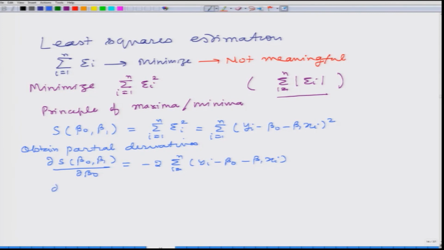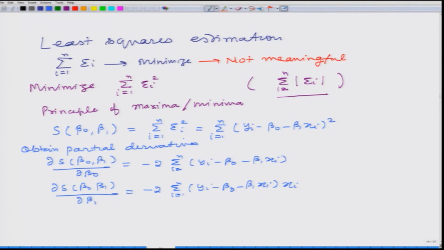Next, I partially differentiate S with respect to beta 1, and this turns out to be minus twice the summation i goes from 1 to n of y i minus beta 0 minus beta 1 x i, times x i.